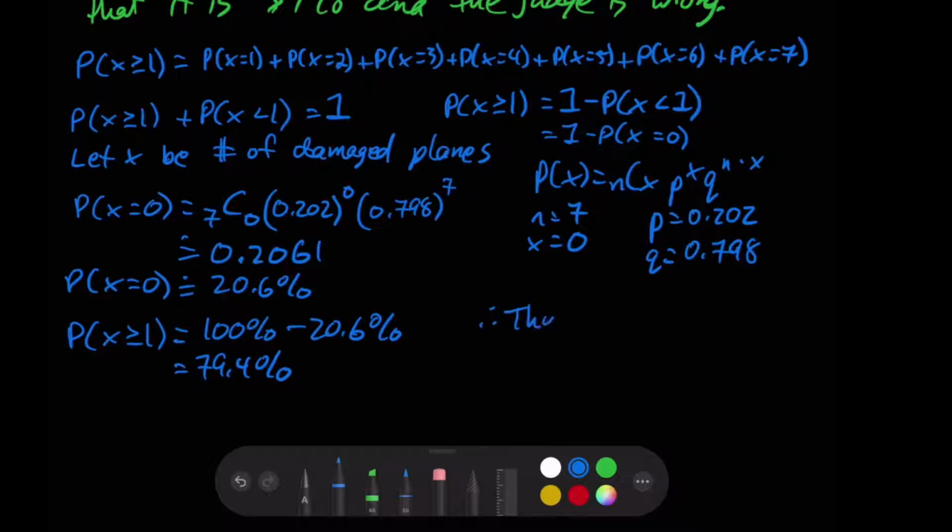Therefore, the probability of 1 or more, remember last time we only found 1. Now we're expanding our definition here. We're talking about 1 or more being damaged.